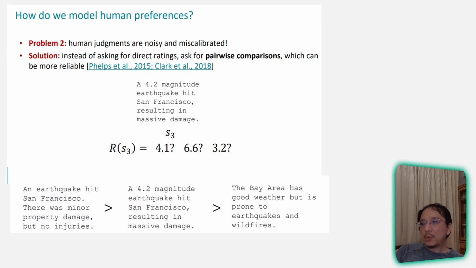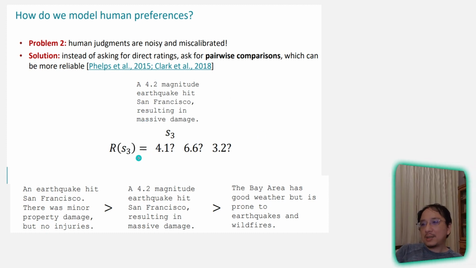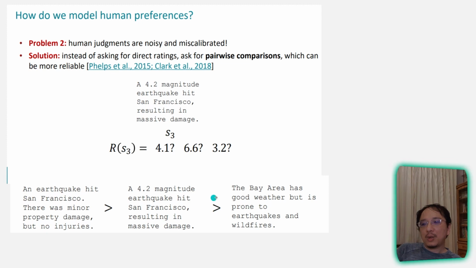So one way to make this score and the rating more reliable is, instead of giving this score on an absolute scale, we ask people to give a pairwise comparison score. For example, we are given a question and we collect 3 different outputs. Then we can ask which one is better and which one is worse.